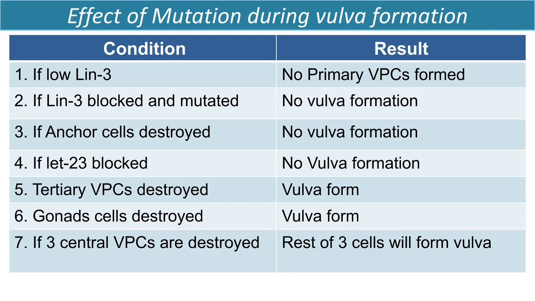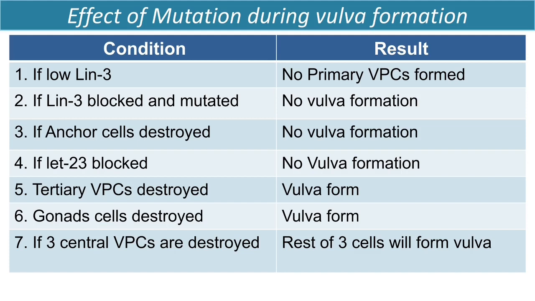Next, the last case, that is if the 3 central VPCs are destroyed. That is, if the primary and 2 secondary VPCs are destroyed. In this case, the rest of the 3 cells that were previously forming the skin or hypodermis will form the vulva, because now the gradient of Lin-3 will be distributed on the rest of the VPCs.